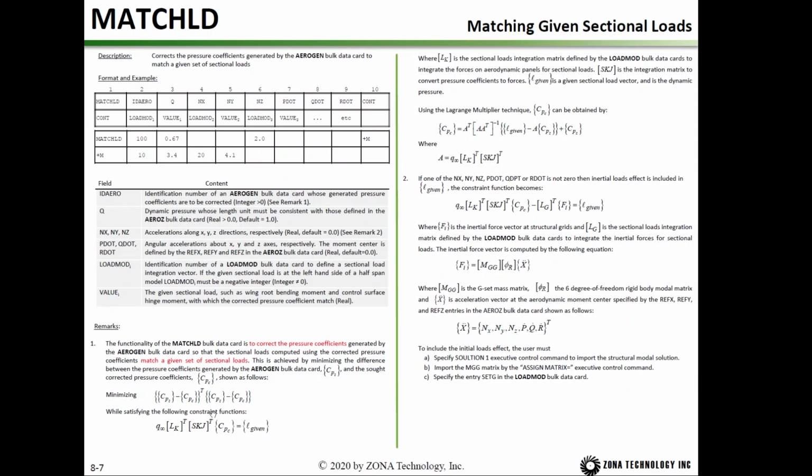This will give you the component loads, and these component loads must match the given component loads. So this becomes a constraint function, and this is the Lagrange multiplier method to calculate the CPC.